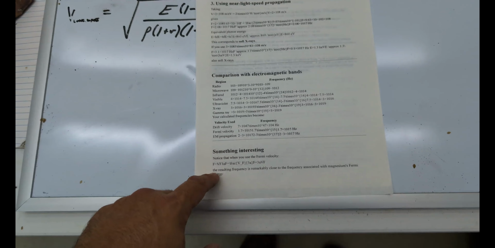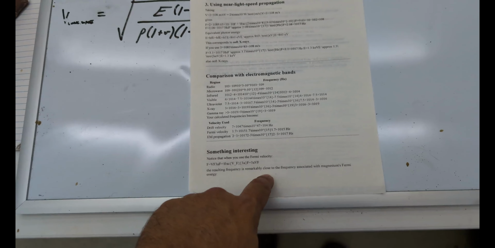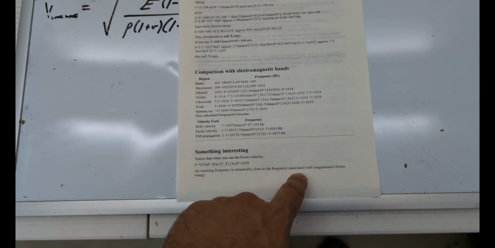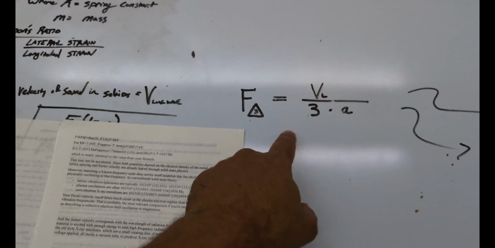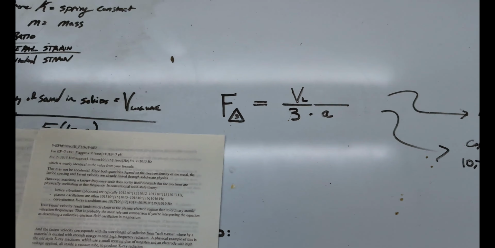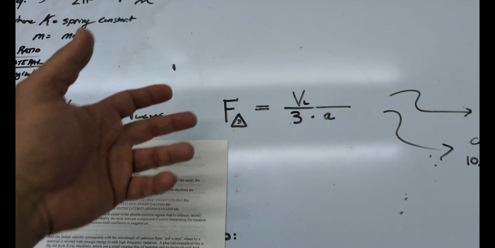And that correlation is that the frequency that I get is remarkably close to the frequency associated with magnesium's Fermi energy. I'm getting the same results with my equation that a different equation with different inputs predicts the frequency would be.